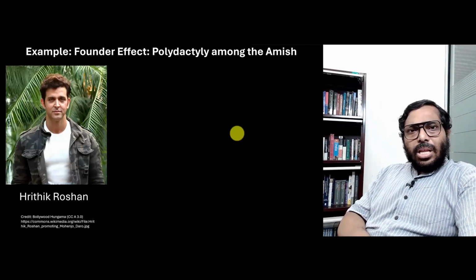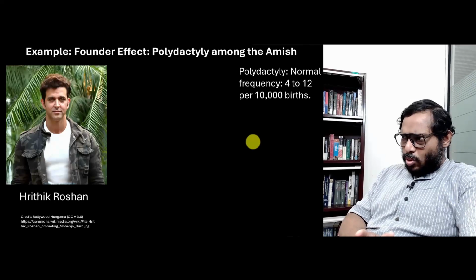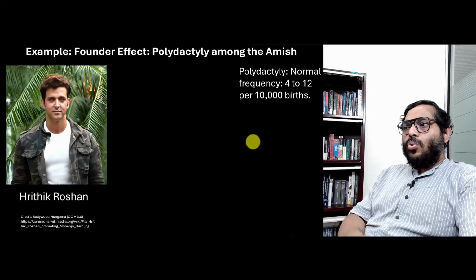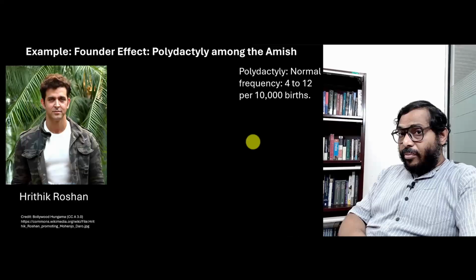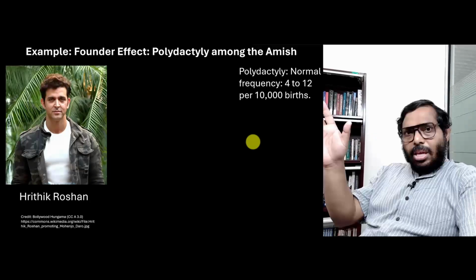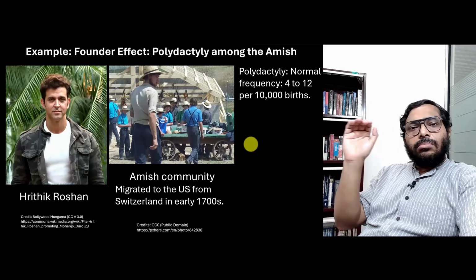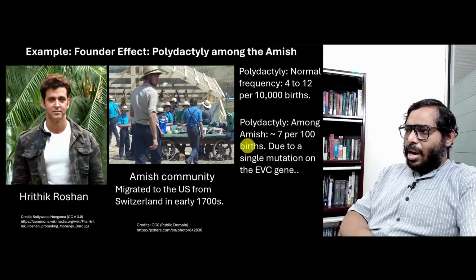Now, it turns out that polydactyly is actually pretty rare amongst humans, and its normal frequency is about 4 to 12 per 10,000 births. However, there exists a population in the US where the frequency of this particular condition, polydactyly, is much greater.